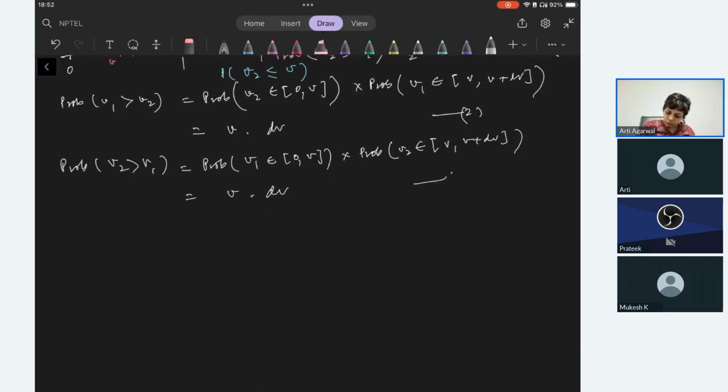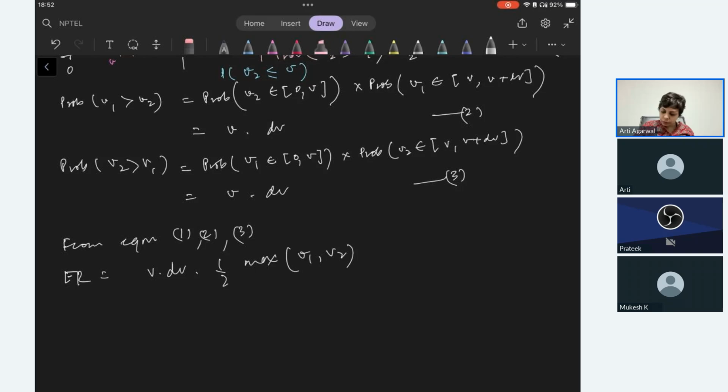From equations 1, 2, 3, we can now say V dV into half max V1 comma V2, plus V dV into half max V1 comma V2. Okay, so I hope this is so far clear.